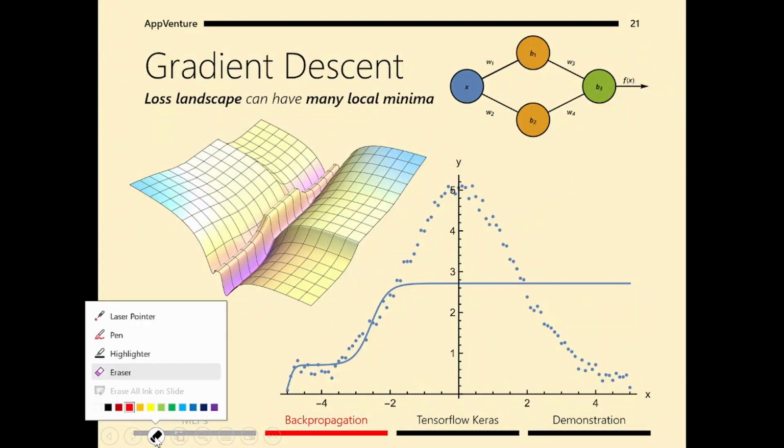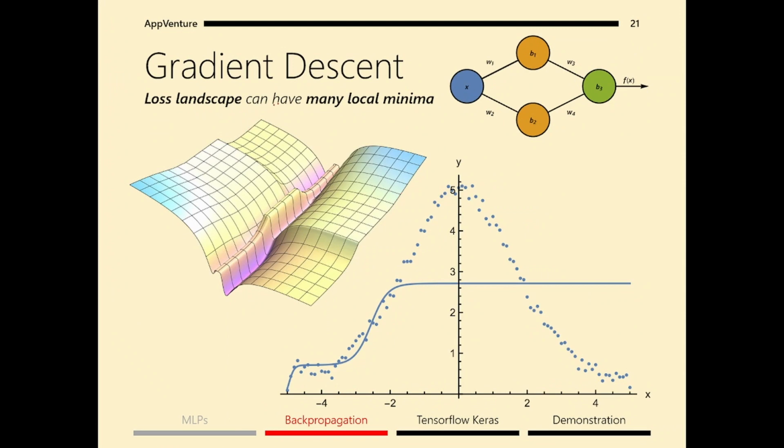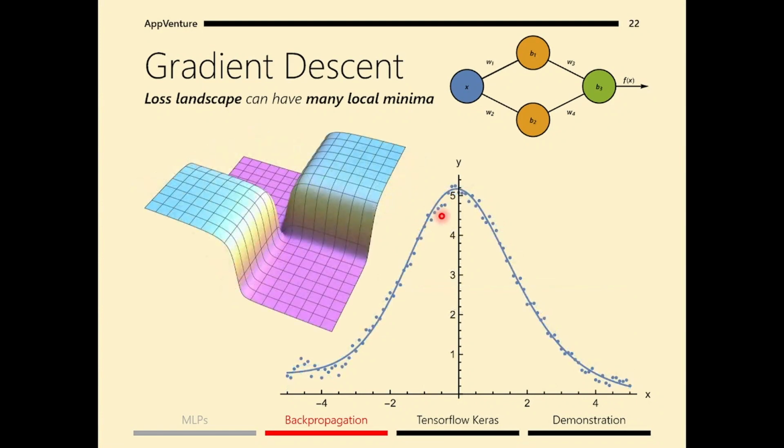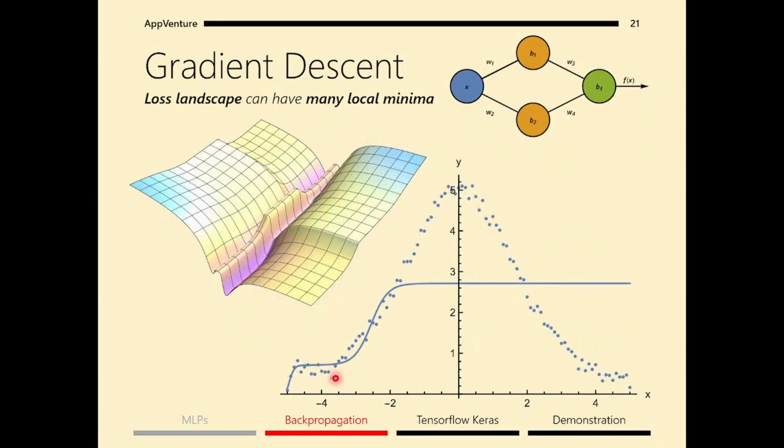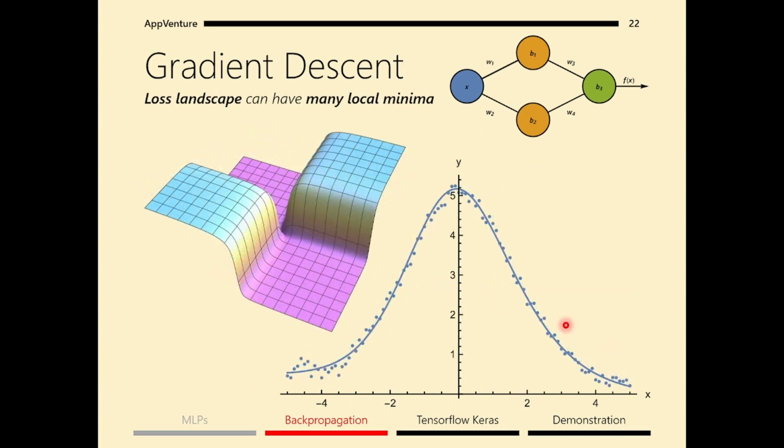Okay, but a problem with gradient descent is that the loss landscape can have many local minima. For example, if we look back at this model that we were looking at previously, and let's say I wanted to fit this function, we can see that for different initializations of the parameters, it can obtain very different results. Here it has fit this not very good curve to the function, but in this case, it has fit this very nice curve to the function.